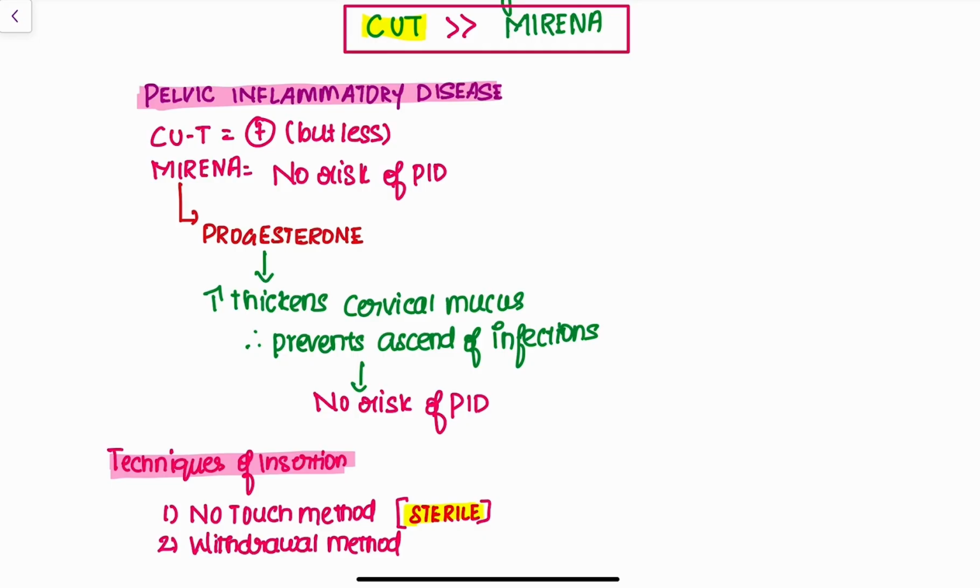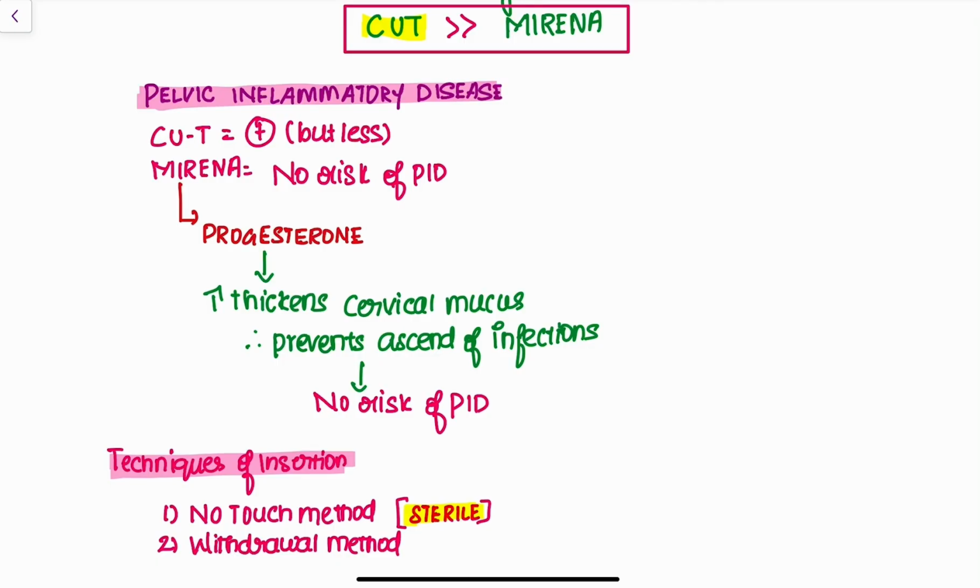Why? Because as we know, the hormone progesterone, that is the second generation progesterone, levonorgestrel, is contained in the device. Progesterone is known to increase the thickness of the cervical mucus. So the cervical mucus is going to be thickened under the influence of progesterone.